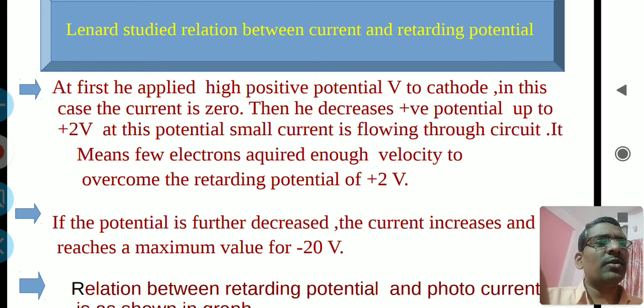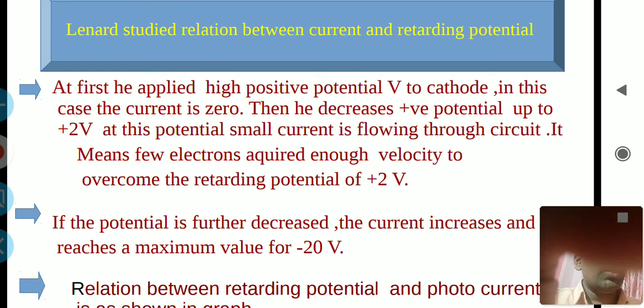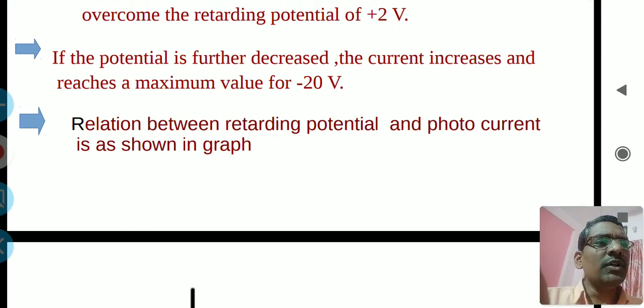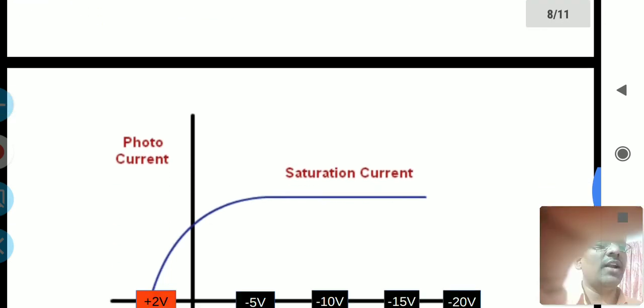It means a few electrons acquired enough velocity to overcome the retarding potential of plus 2 volt. If the potential is further decreased towards negative values, the current increases and reaches a maximum saturation value at minus 20 volt. The relation between retarding potential and photocurrent is as shown in the graph.